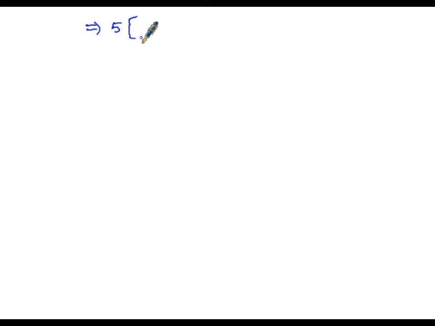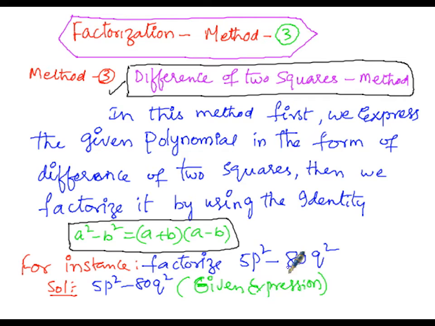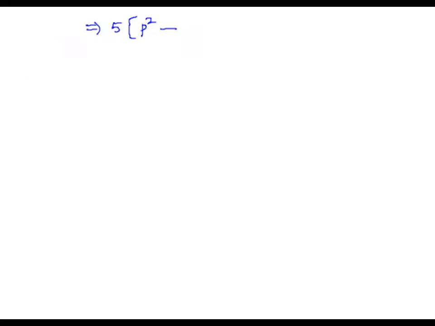When 5 is taken out as common in the first term, that is 5p square, just p square is left within the bracket. Whereas 80 is the second term; 80 can be split as 5 into 16, 5 sixteens are 80. So when 5 is taken out as common, 16 is left, with q square written as it is.